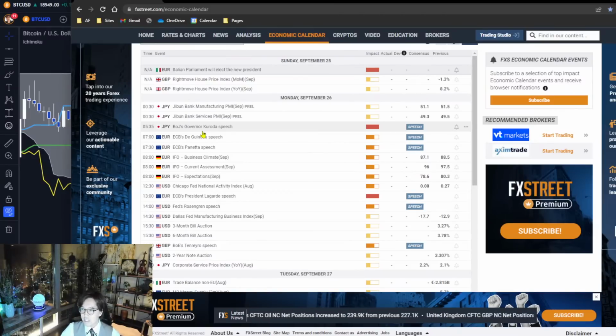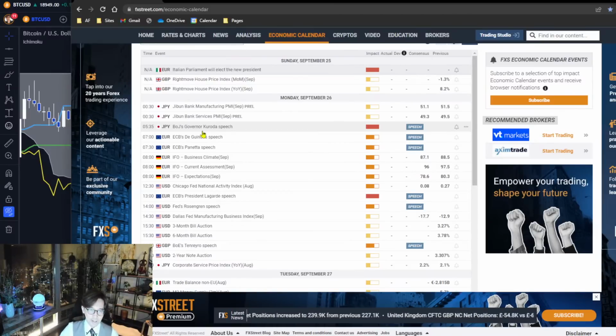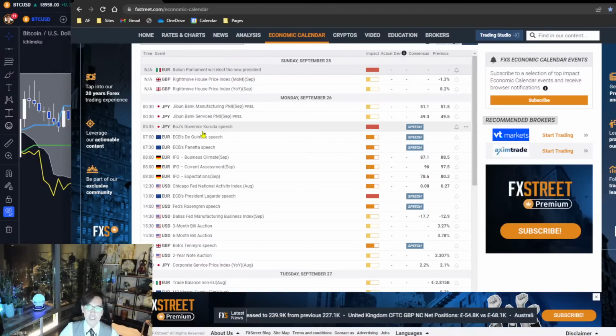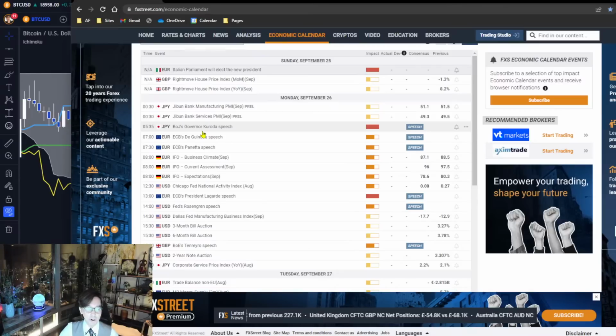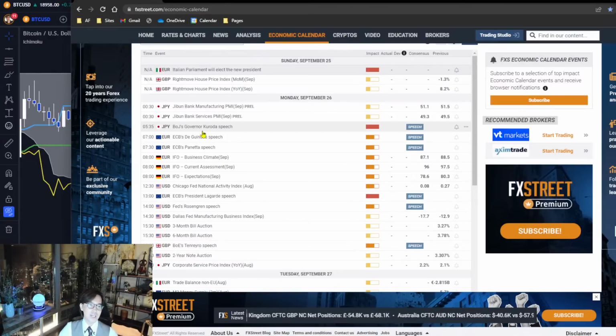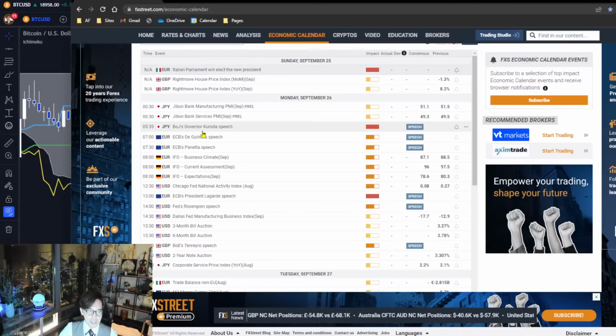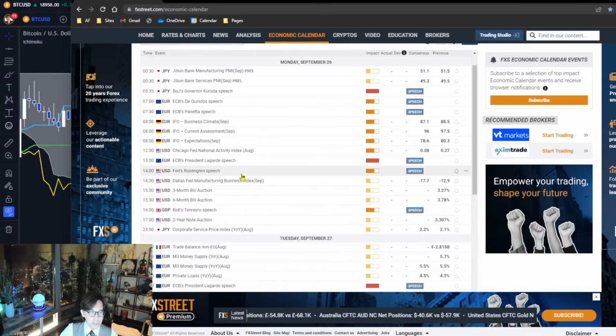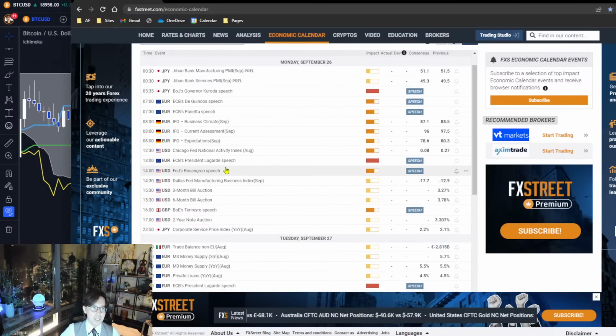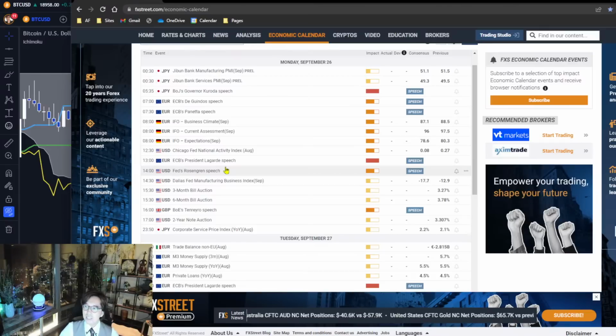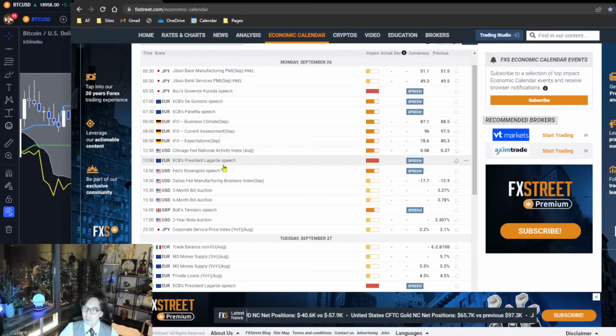So GBP pairs may be volatile and spiky if there's a surprising comment or speech from Mr. Kuroda, so let's see. And also there will be another speech of ECB's President Lagarde, so it may also affect the market.